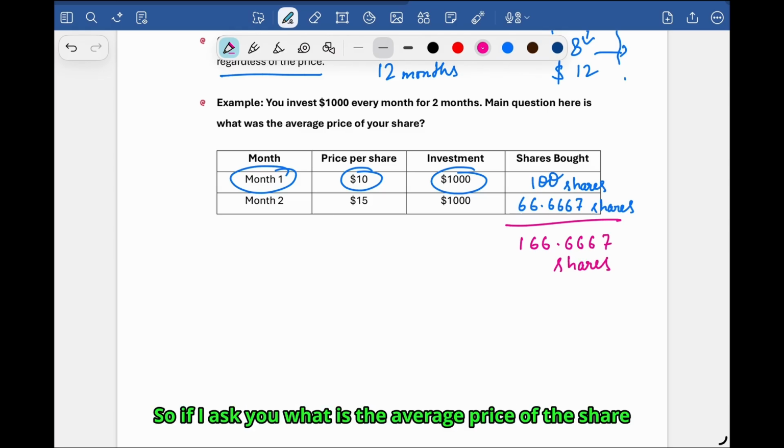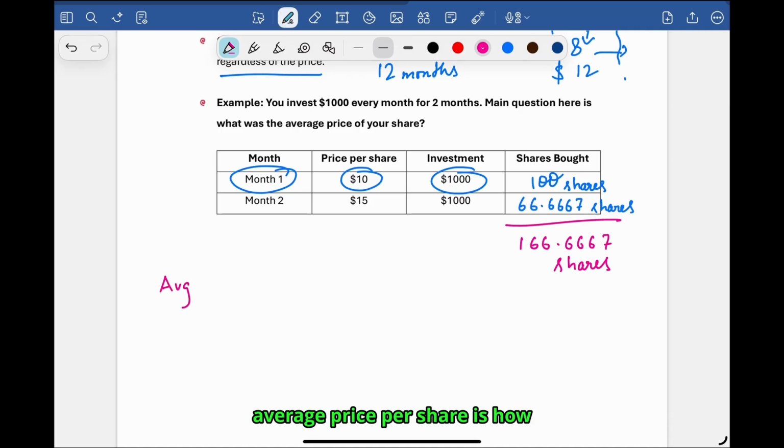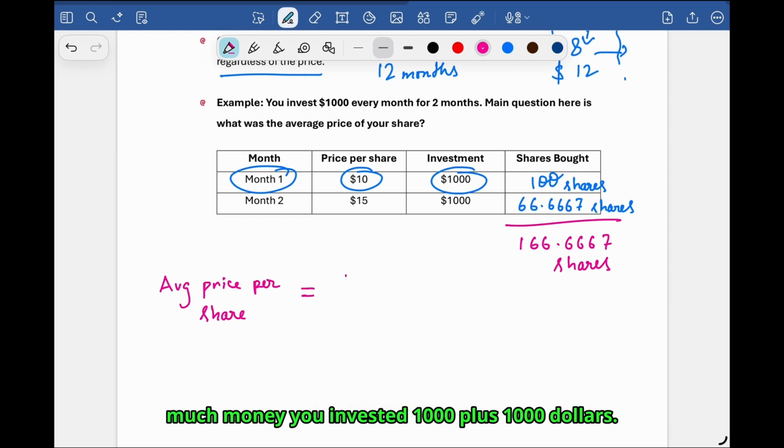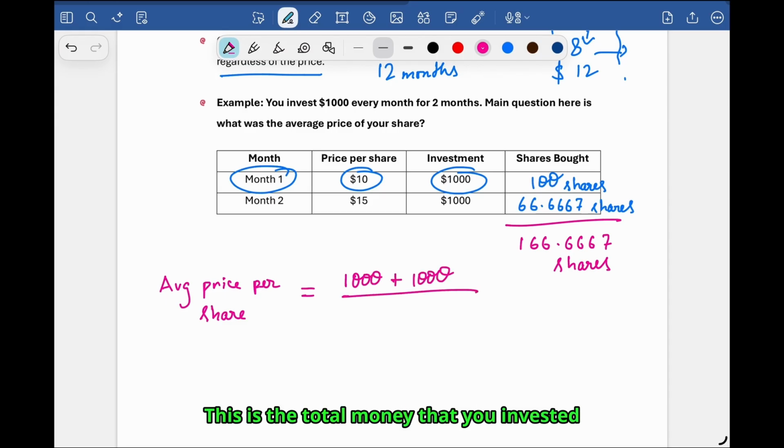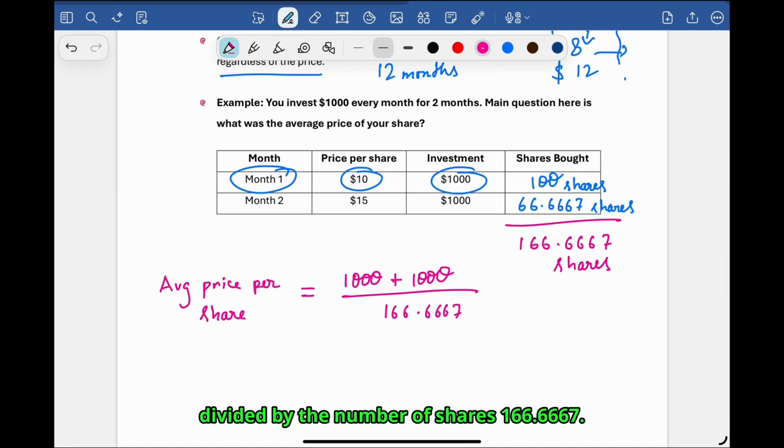If I ask you what is the average price per share, it is how much money you invested, 1,000 plus $1,000, the total money that you invested, divided by the number of shares, 166.6667.